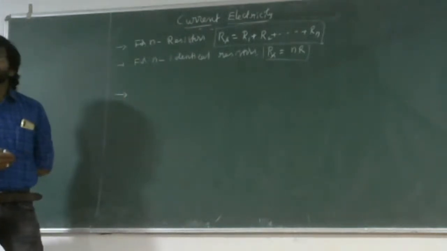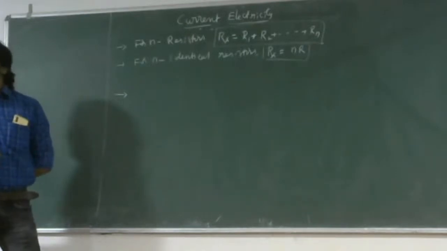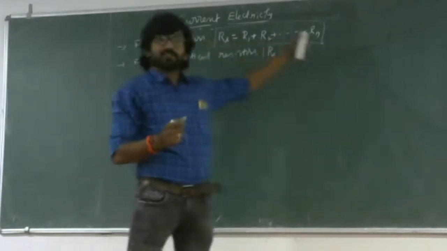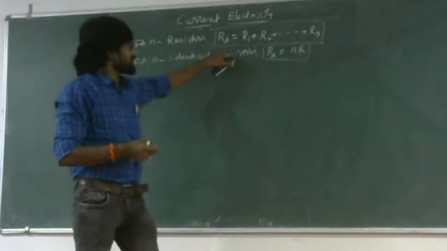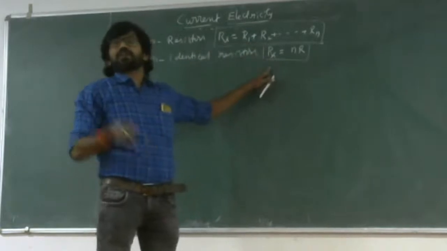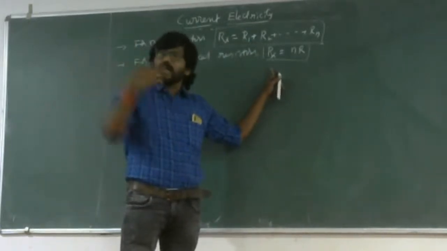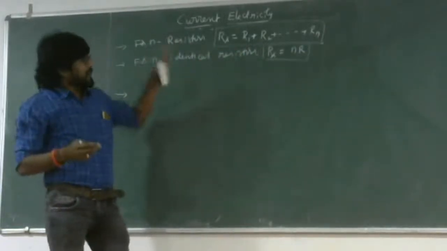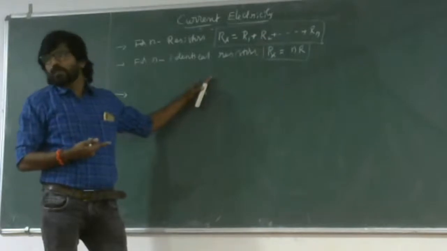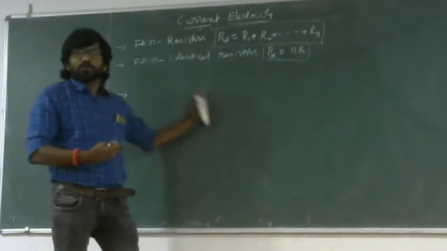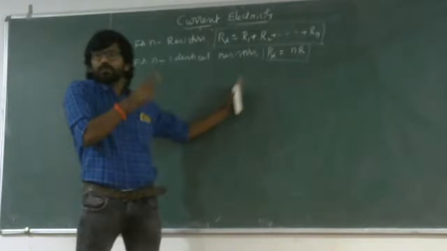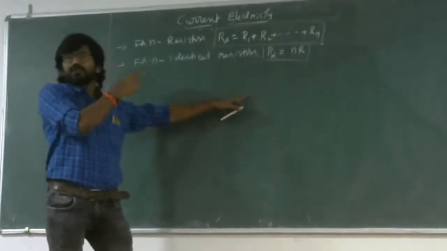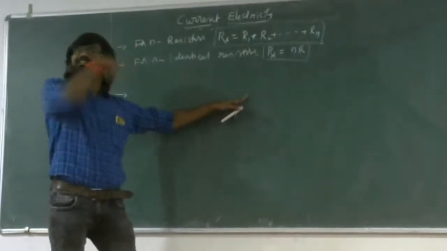Next, we'll see the parallel combination of resistors. But here you can also write one note: if you have n resistors, the effective or equivalent resistance of the series combination should always be greater than the largest value of the individual resistors. If you have 3 resistors, 1 ohm, 2 ohm, 3 ohm, the total is 1 plus 2 plus 3, which is 6 ohm. So it is greater than the largest one. What is the largest out of 1, 2 and 3? 3. So 6 is greater than the largest one, right?